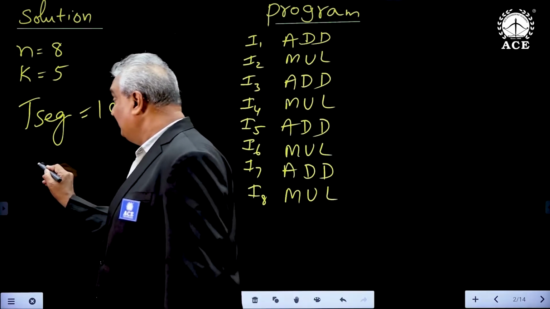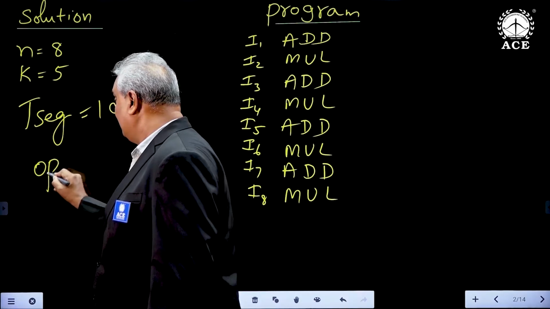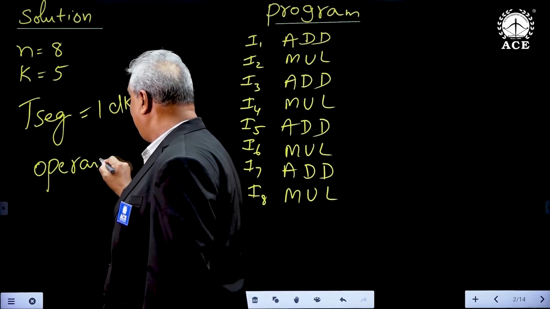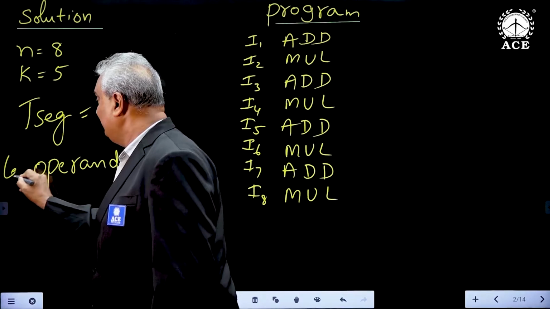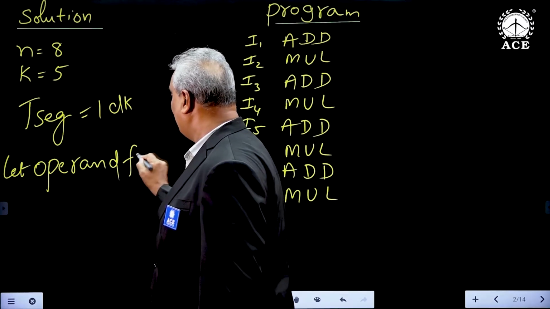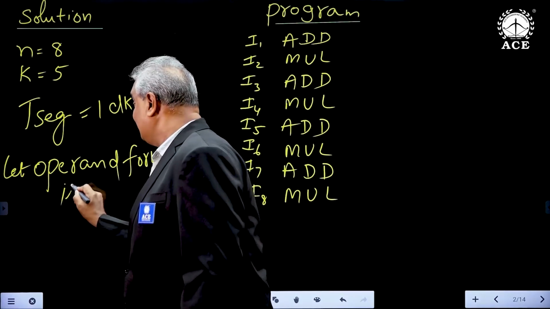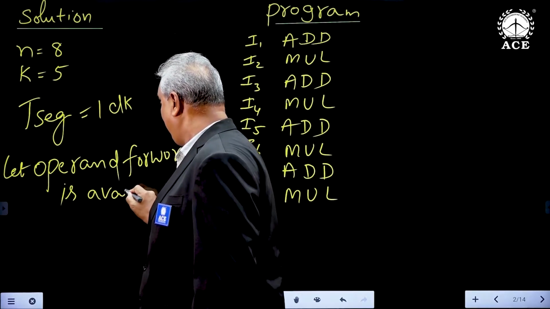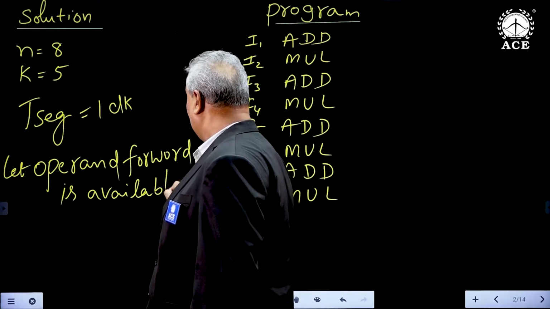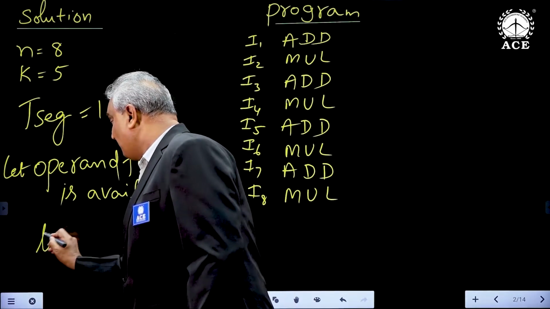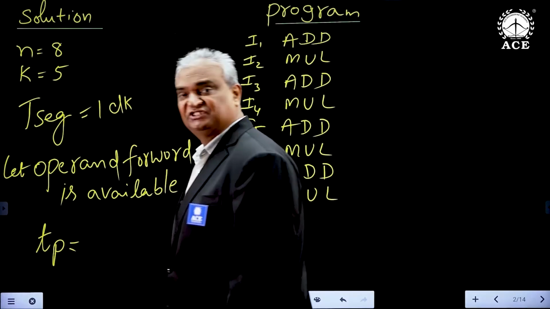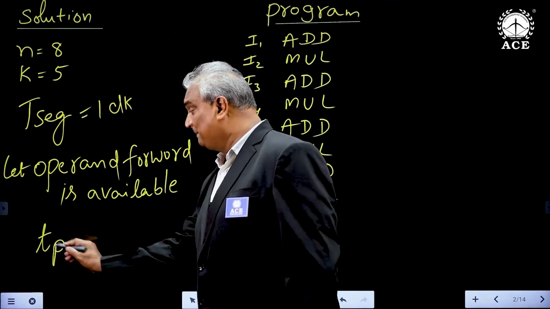First of all, let operand forwarding be available. What about the amount of time required to complete the operation? TP means pipeline time.